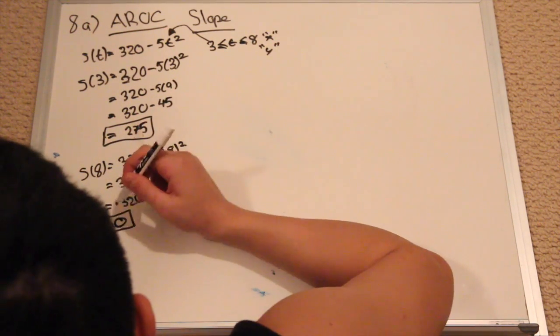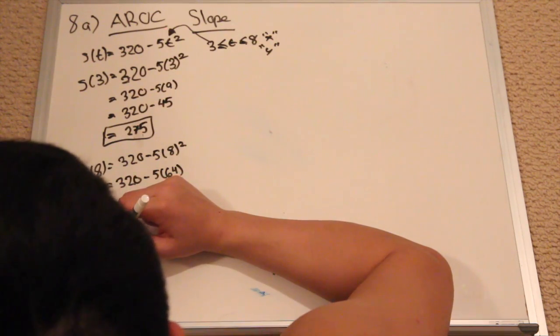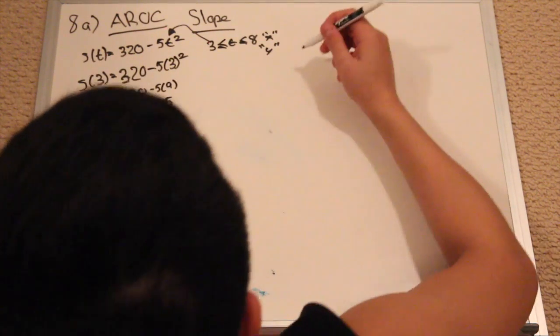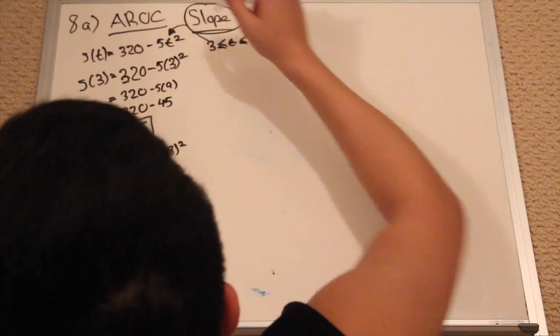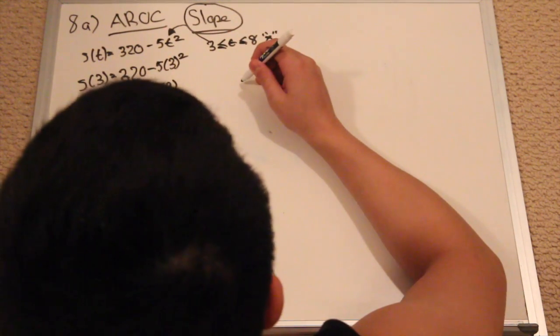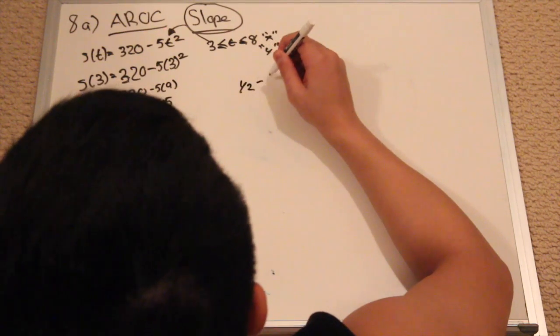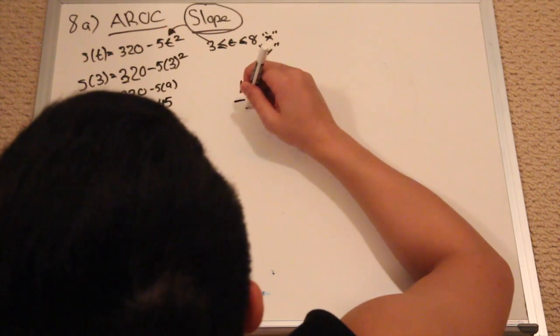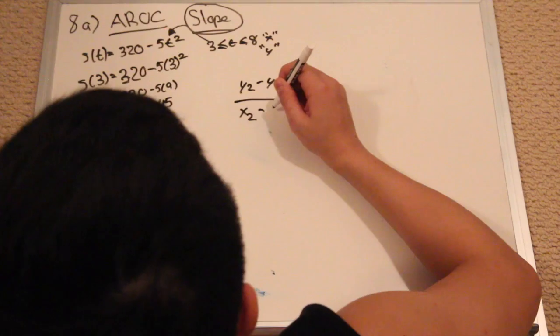Now that's our second y value. And now to find the slope, if you recall from grade 9, the slope formula is y2 minus y1 over x2 minus x1.